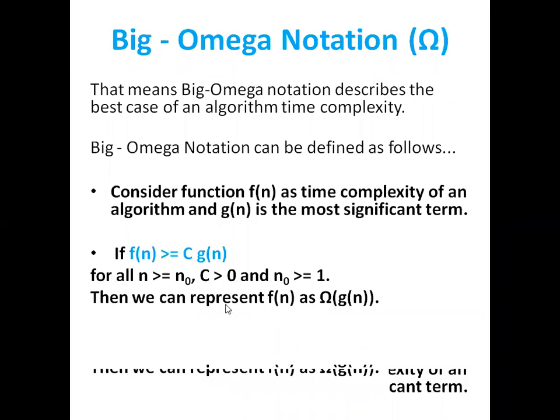And it can be represented by f of n as omega of g of n. We'll take examples on these.